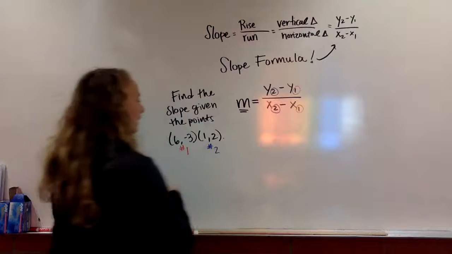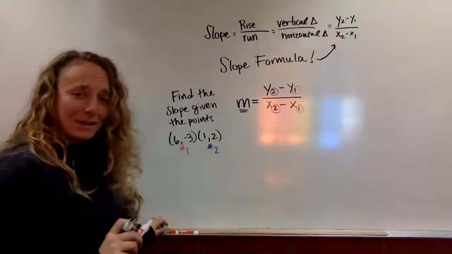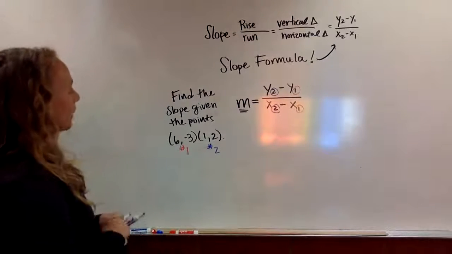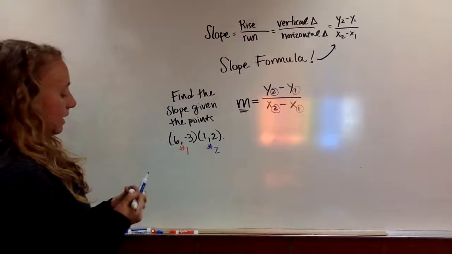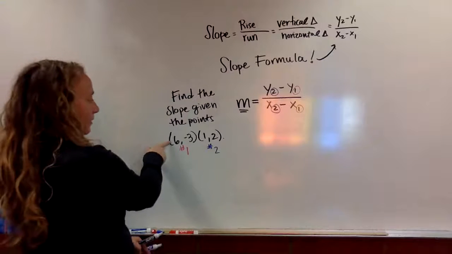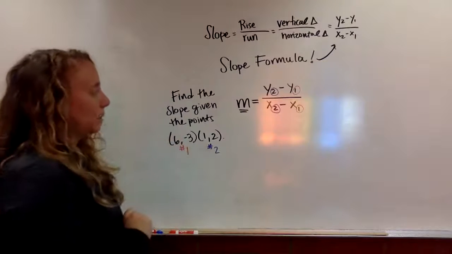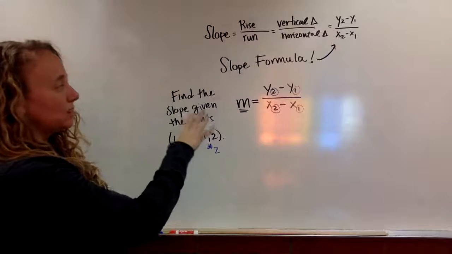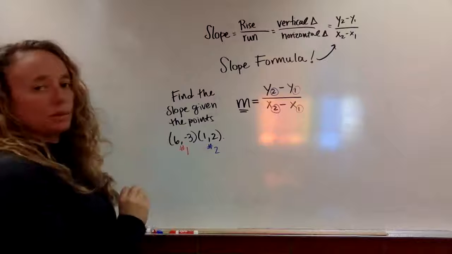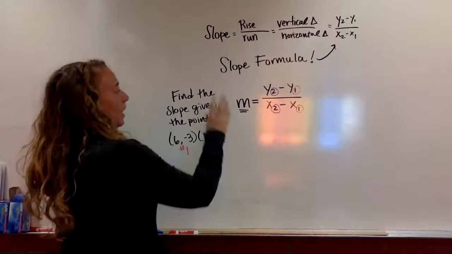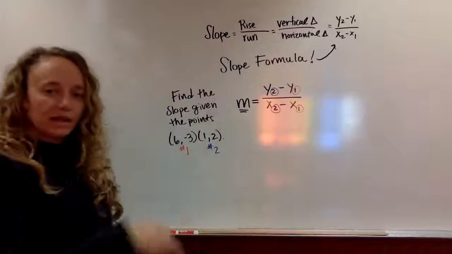And I'm going to try to color code this as best as I possibly can without getting myself too mixed up, okay? All right, so we're going to find the slope given points (6, -3) and (1, 2), and we're saying this is my first point and the (1, 2) is my second point. And we're going to put those into this equation, y sub 2 minus y sub 1 over x sub 2 minus x sub 1. The thing that truly matters in this is not that the first point is the first point and the second point is the second point.